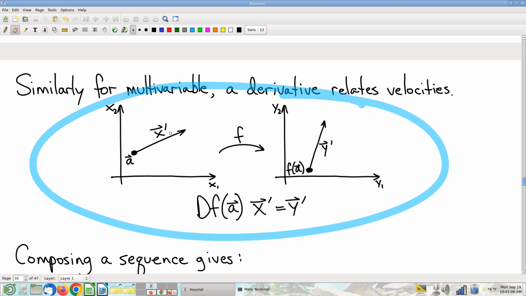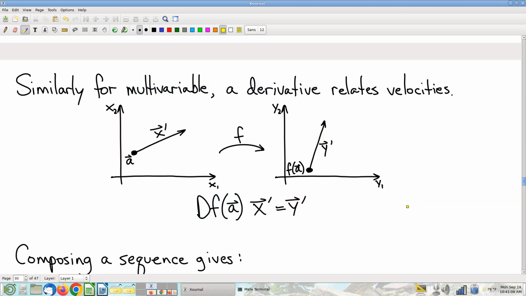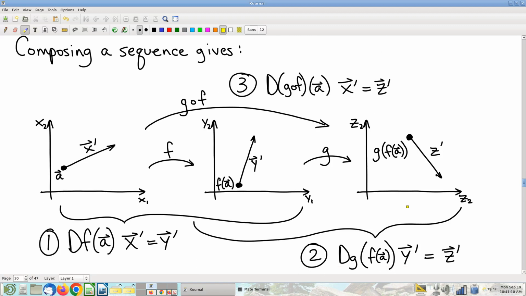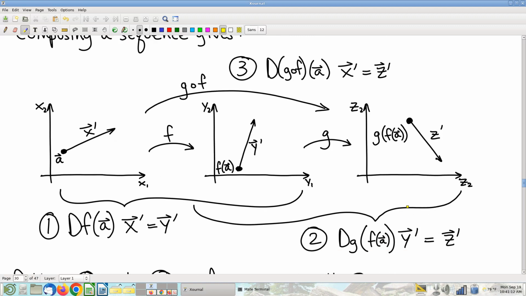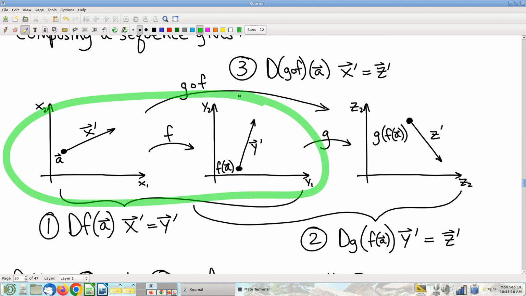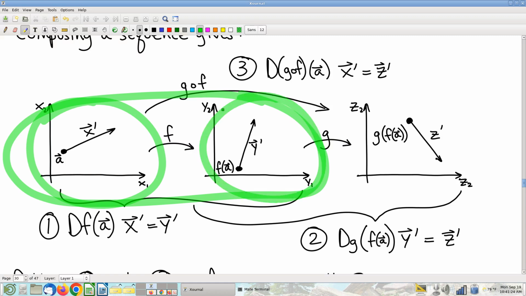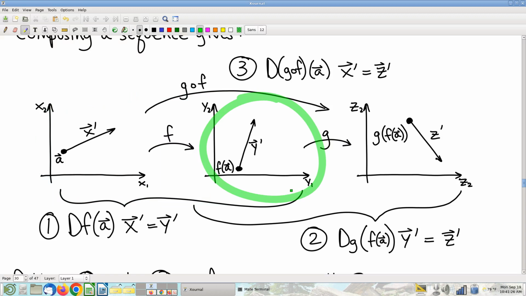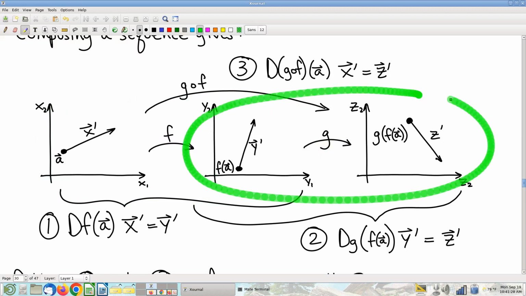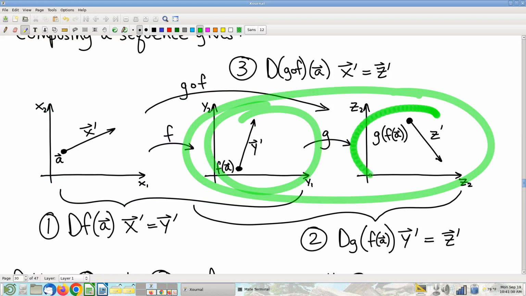So we're going to apply this to a composition in three different ways. First of all, notice I have a composition here in that we've got this function f from the x plane into the y plane. And then we've also got this function g from the y plane into the z plane, you might call it.